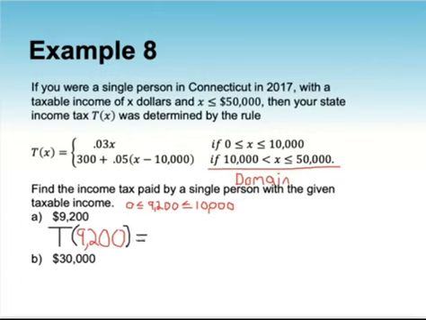So this is going to equal 0.03 times, instead of X, we're going to put 9,200. That's going to equal $276.